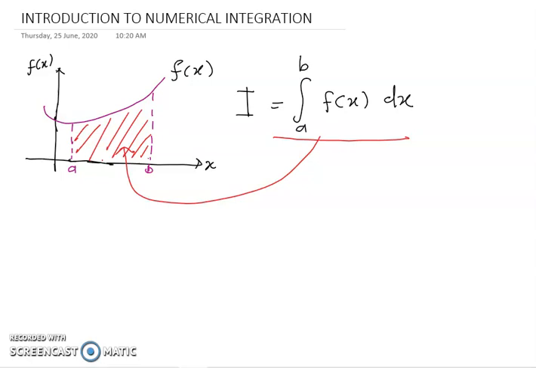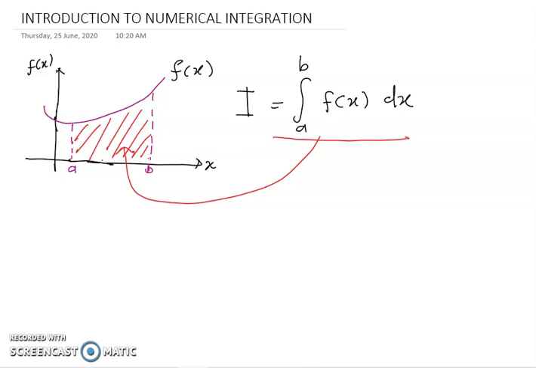Before this, we have learned how to find the integral of a function by using the analytical way, such as by using a few formulas, integration by parts, and also integration by substitution.